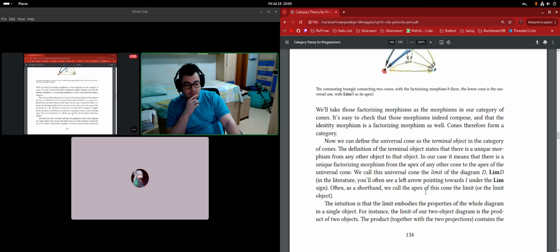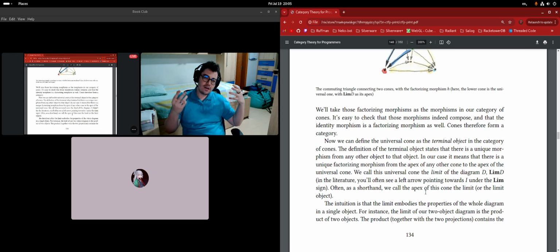The limit of our two object diagram is the product of the two objects. Yeah, in that sense it kind of does, because if product is about having a little bit of everybody, that means that the universal thing of all the possible things will be able to describe everything.